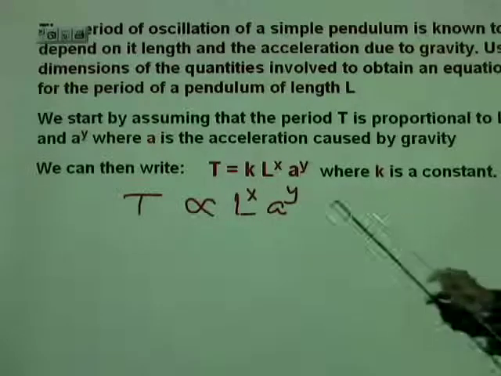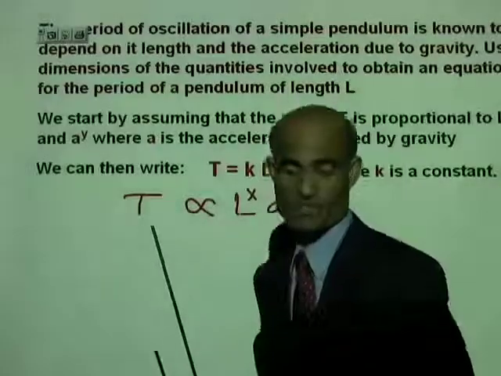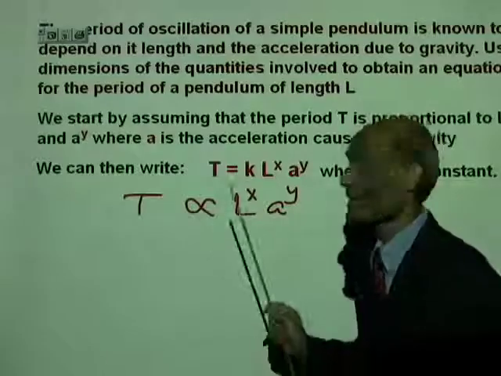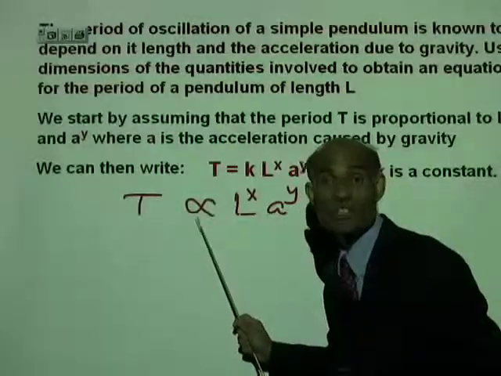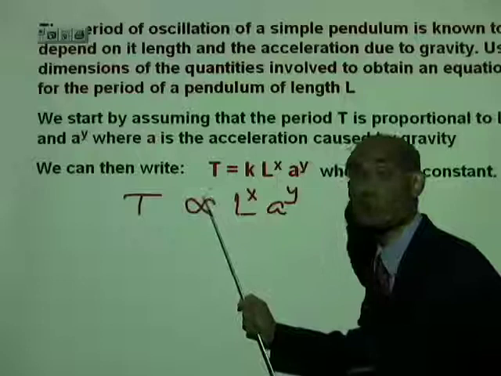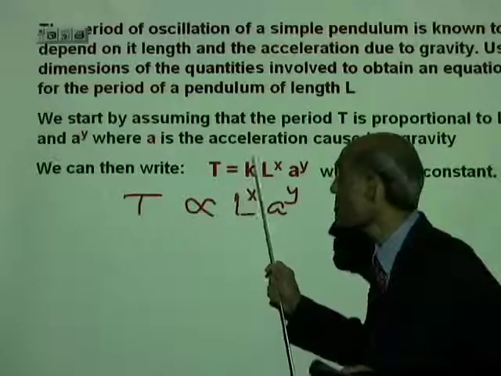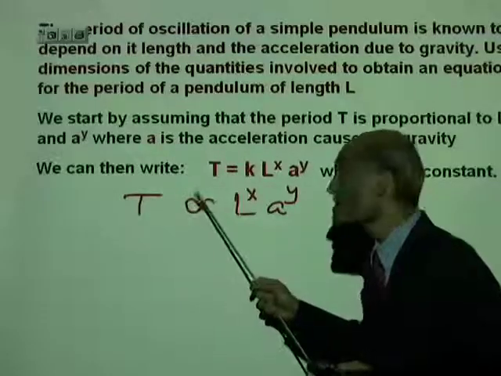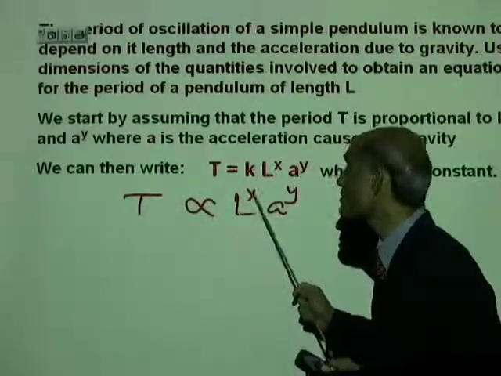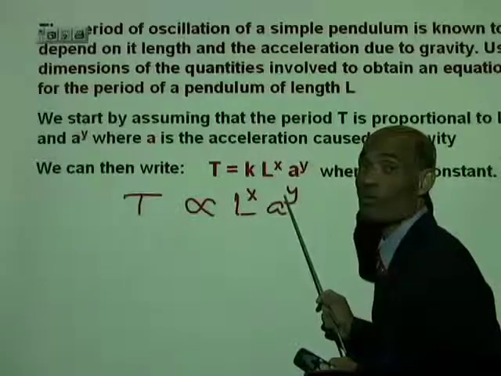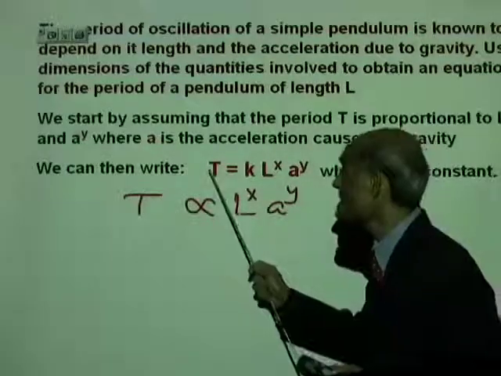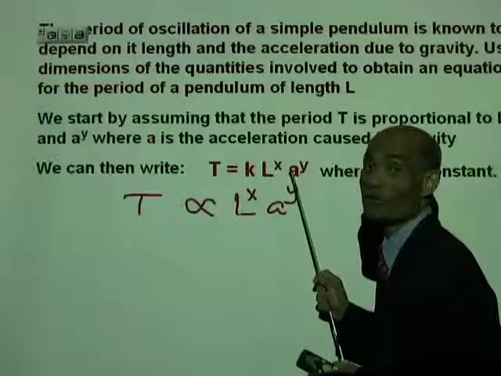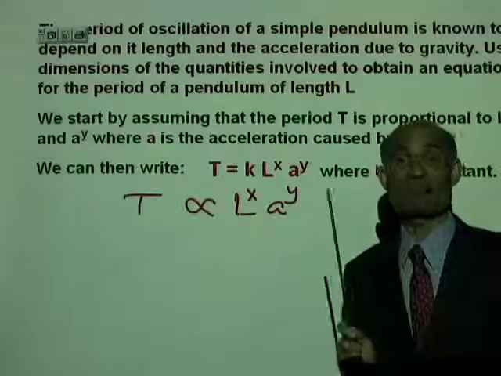Now, this is the sign we use for proportionality. And in this course, and in any other science course, when you have a proportional sign, it can be replaced by an equal sign by adding a constant. So, if t is proportional to L to the power of x, a to the power of y, I can write it as t equal to k times L to the power of x, a to the power of y.